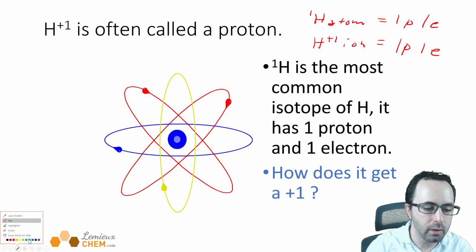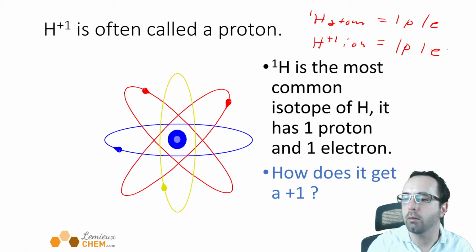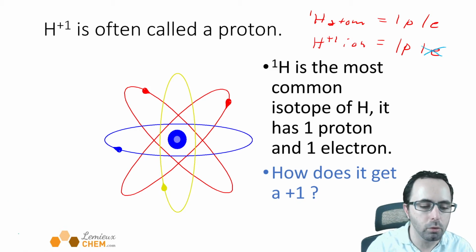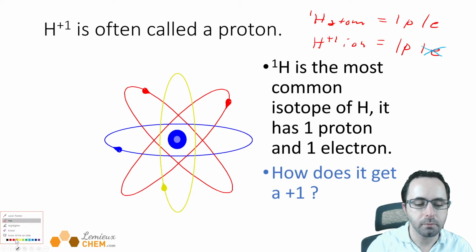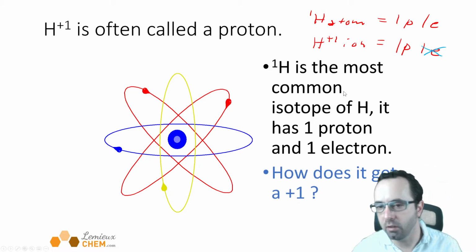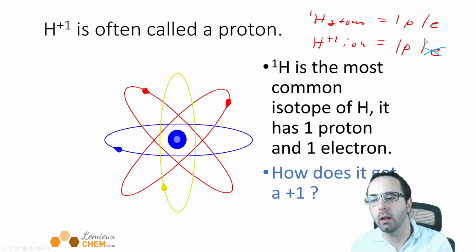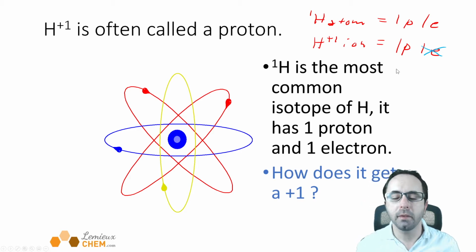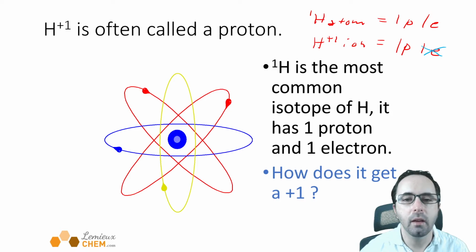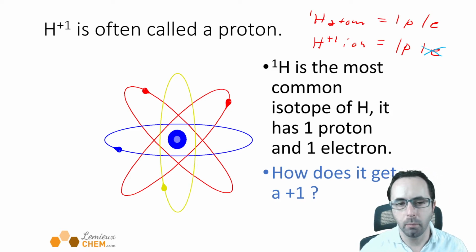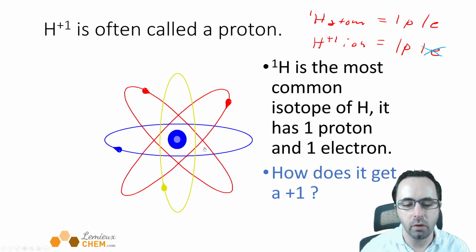The electron is no longer there for the H plus 1 ion. It lost 1 electron. And so an H plus 1 ion is really just a proton. And so you're going to hear me and other people call H plus 1 ions protons all the time. These words are used interchangeably as well.